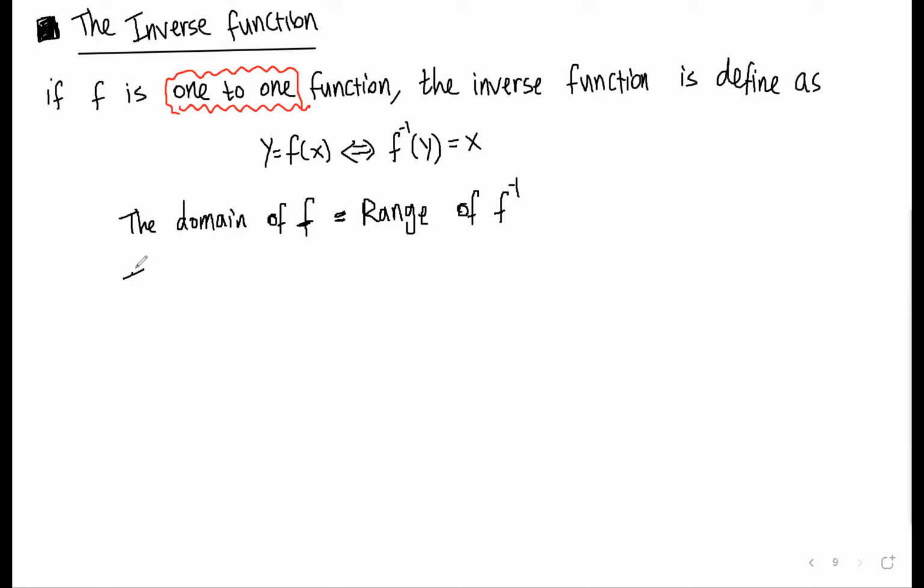And also the range of the function f is the same as the domain of the function f inverse. So vice versa, to find the domain of f, you can find the range of f inverse, and the range of f is the same as the domain of f inverse. I'm going to explain this by an example.